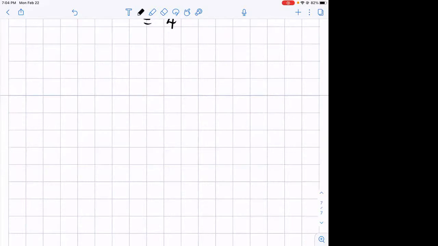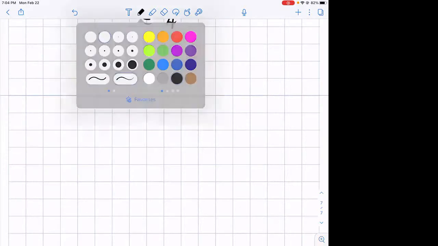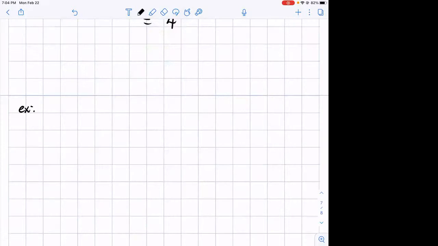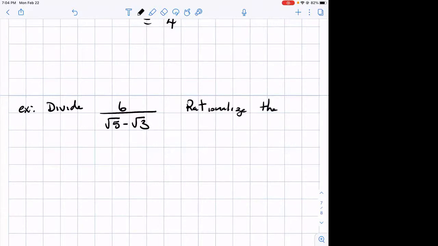So in my next example, if I said divide 6 divided by the square root of 5 minus the square root of 3, and what I'm really asking you to do here is rationalize the denominator.